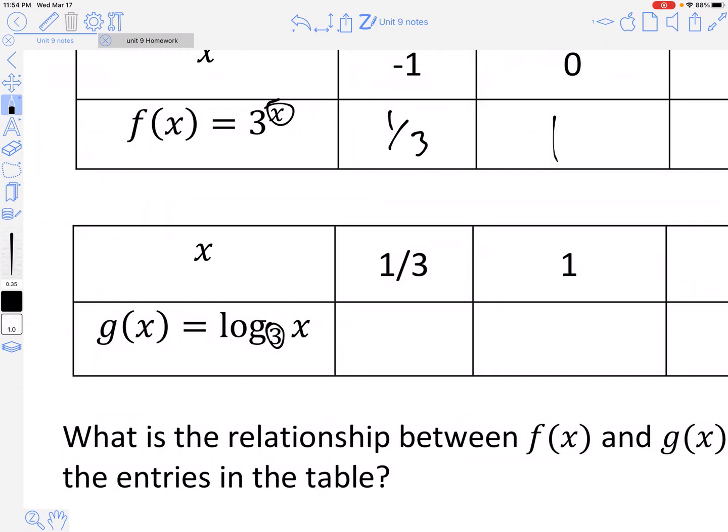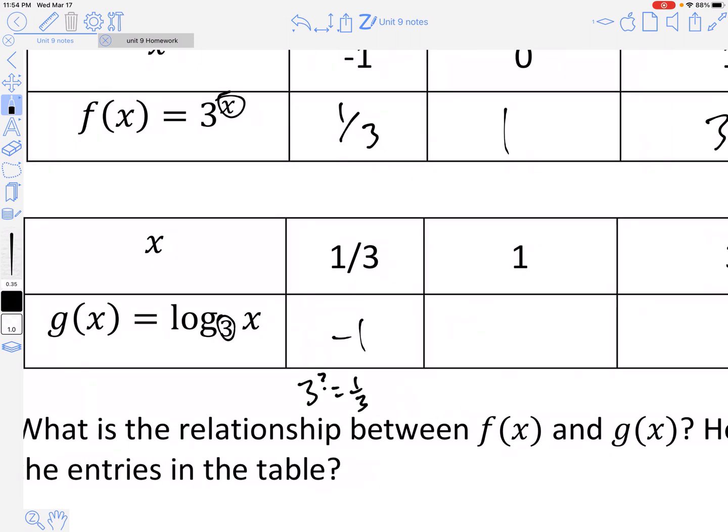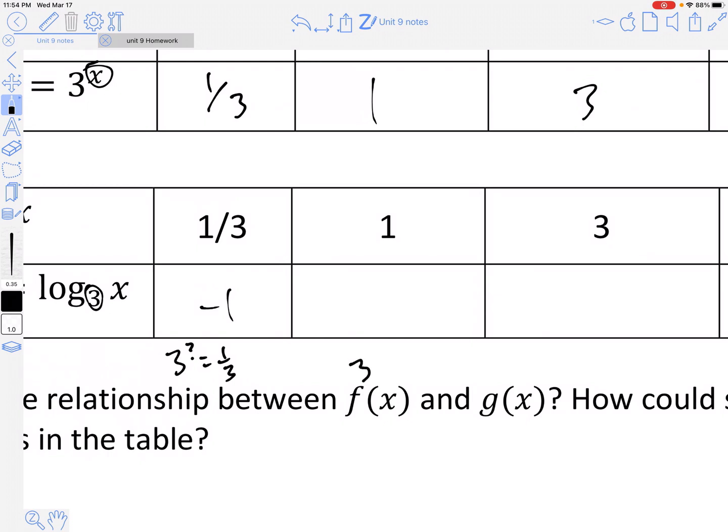So 3 had an exponent. We don't know what it was. And then it created x. 3 had an exponent. It created 1/3. What was the exponent? -1. 3 had an exponent that created 1.